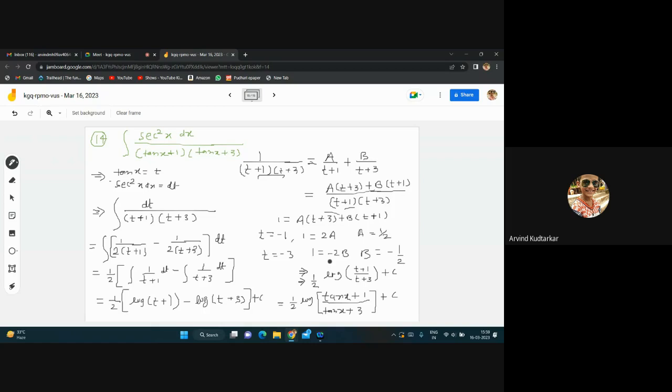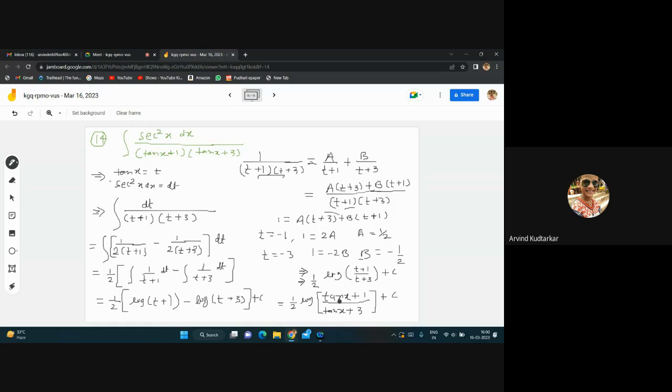Put their values of unknowns a and b in this partition and take partition in their place. And then find their integration of each fraction individually. right ना, तो इंडिविजुअली आप पार्टीशन कैसे लेंगे और इंटीग्रेशन कैसे लेते हैं. इंटीग्रेशन ऑफ सबस्ट्रैक्शन इज नथिंग बट सबस्ट्रैक्शन ऑफ देयर इंटीग्रेशन. सो 1 अपॉन टी प्लस 1 dt. सो टी प्लस 1 का डेरिवेटिव 1 है न्यूमरेटर में, टी प्लस 3 का भी 1 है. सो लॉग ऑफ टी प्लस 1 माइनस लॉग ऑफ टी प्लस 3. सो लॉग ऑफ a माइनस लॉग b इज व्हाट, log of a upon b, where t is what, tan x plus 1 upon tan x plus 3 plus c.